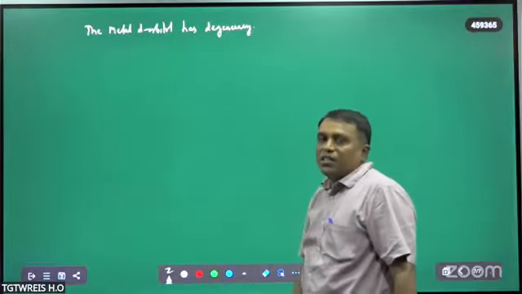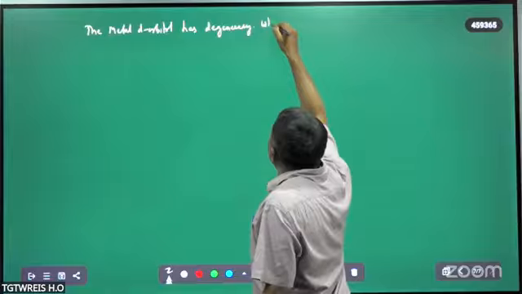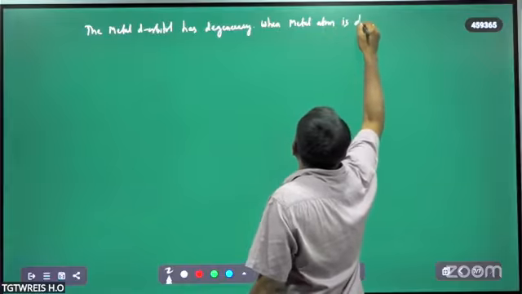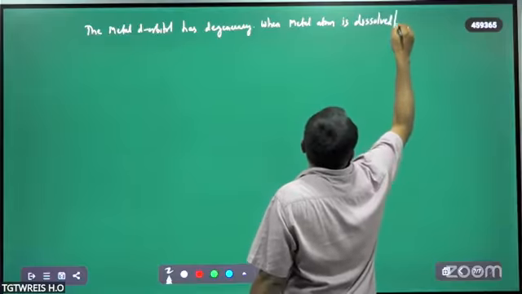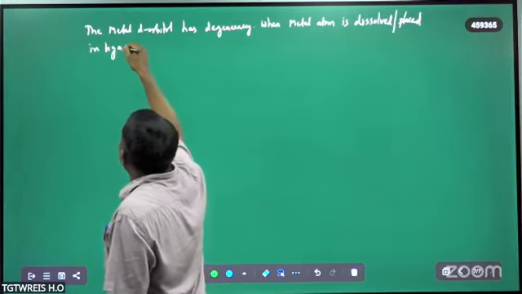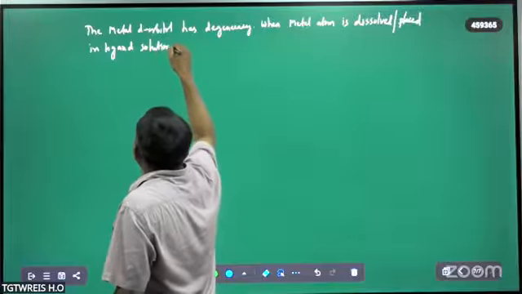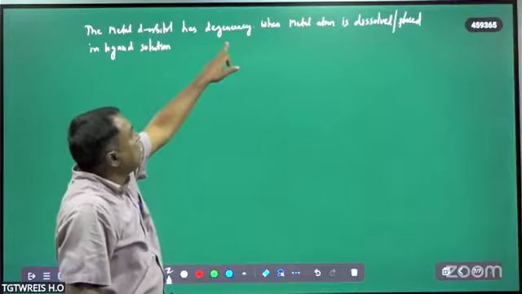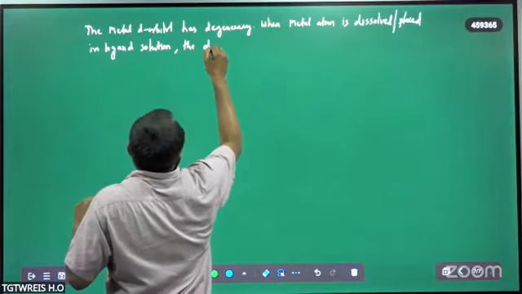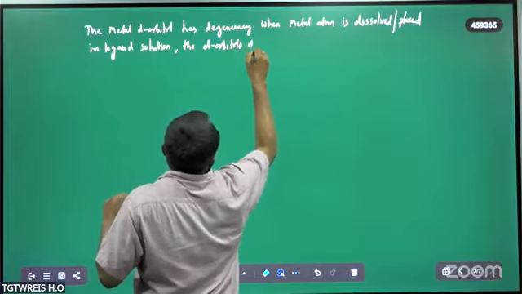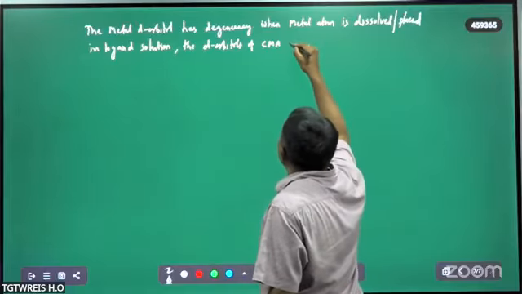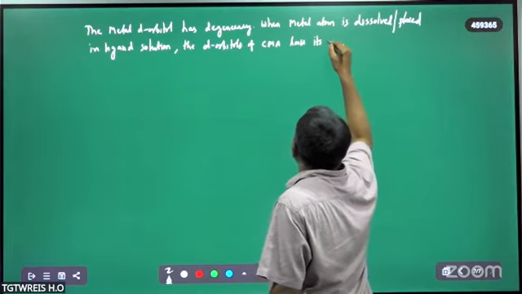When a metal atom is dissolved or placed in a ligand solution, the d orbitals of the central metal atom lose their degeneracy.